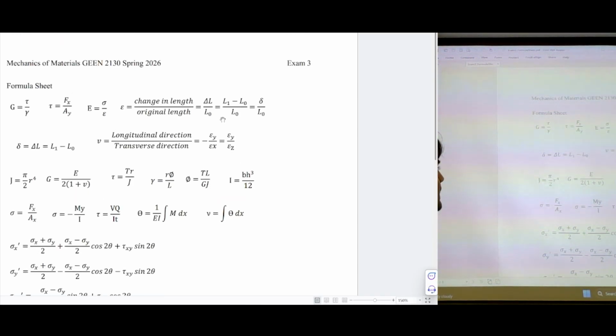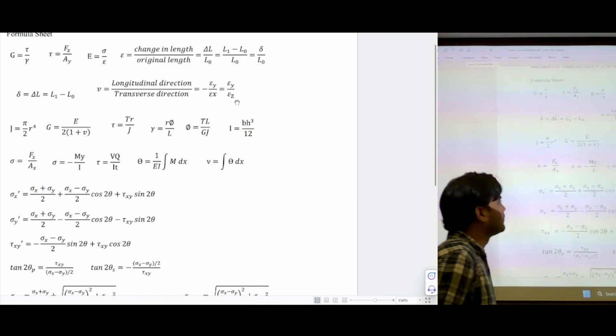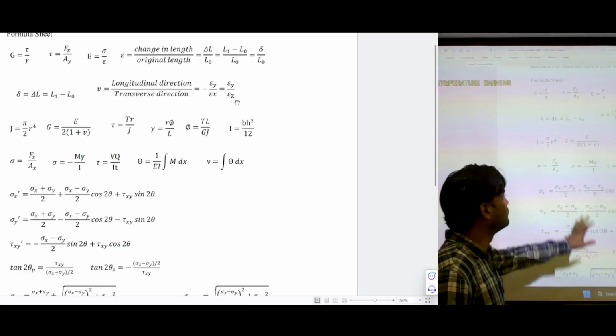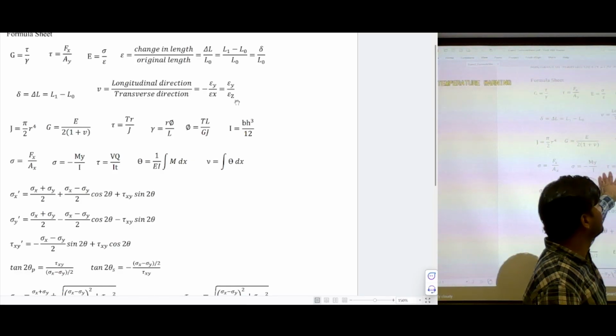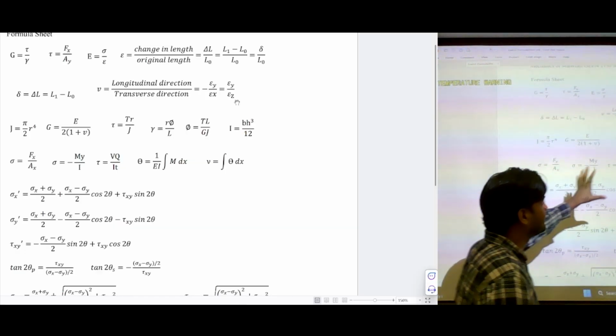And I will cross verify if the formulas are correct, and if I have to add some formulas, maybe because Q, you all know, in order to calculate this Q, you need to calculate A star, Y star prime. So during the weekend, maybe you can revise your previous chapters, like how you calculated those stresses, how to calculate moment of inertia. But in the exam, the shape is going to be simple.